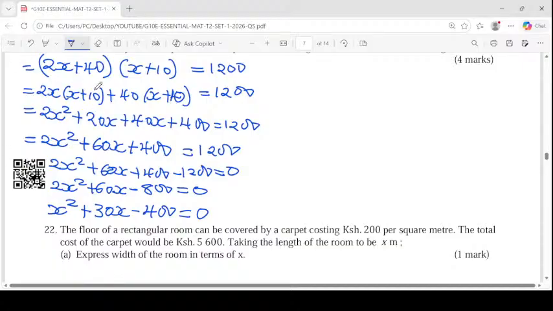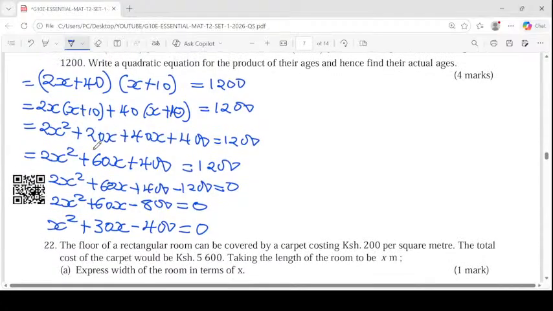To get the value of x here, ladies and gentlemen, I'm going to use the quadratic formula. Let me just use the quadratic formula.